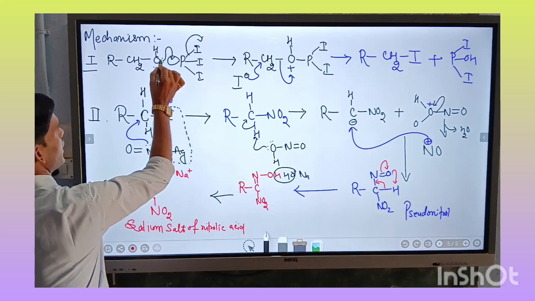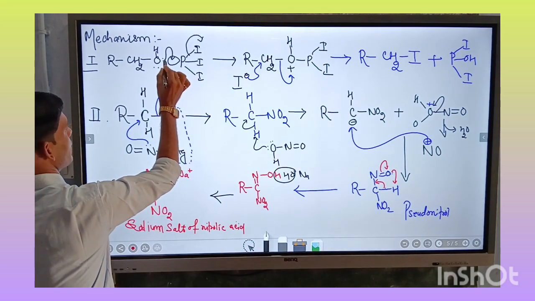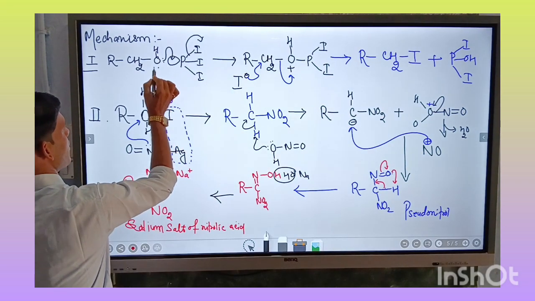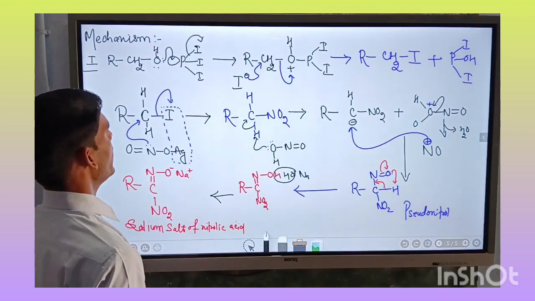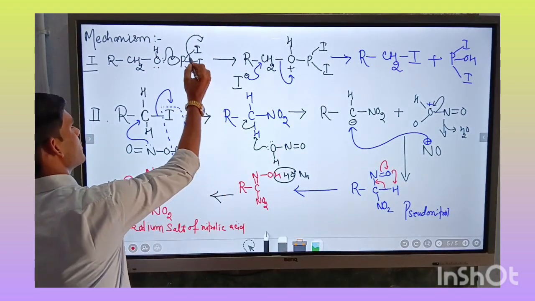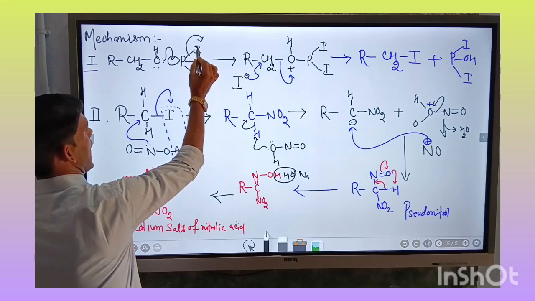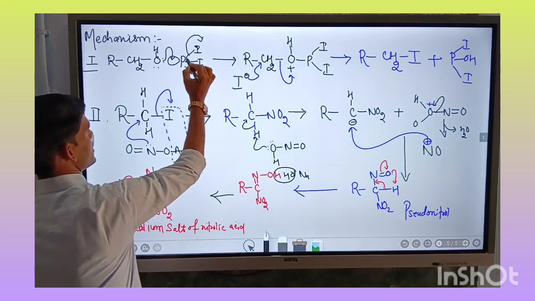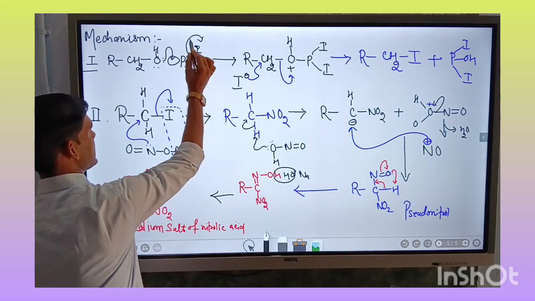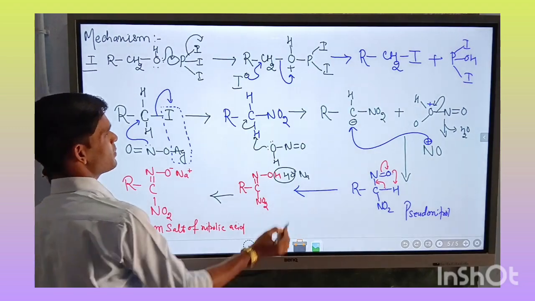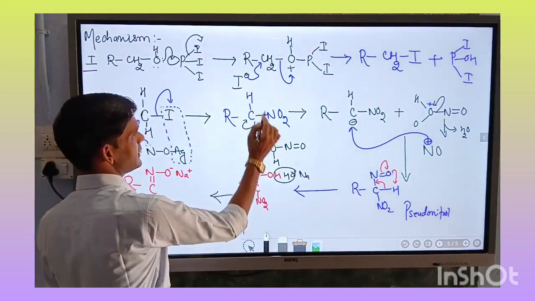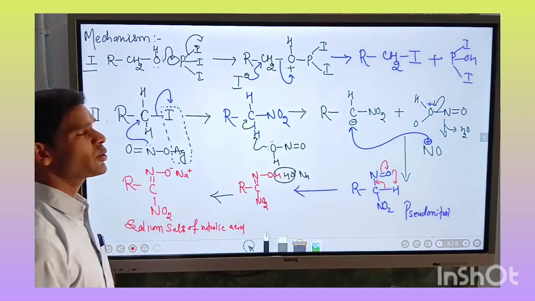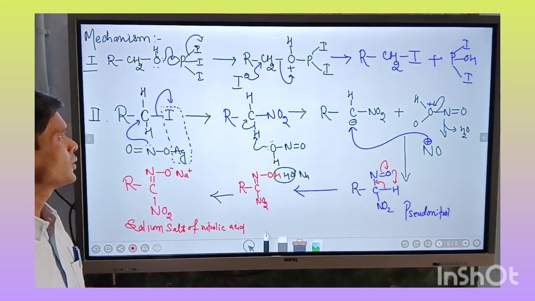It accepts a lone pair of electrons from the oxygen atom of the alcohol molecule, and at the same time the iodine attracts the shared pair of electrons towards itself and gives iodide ion, and this iodide ion is a nucleophile.